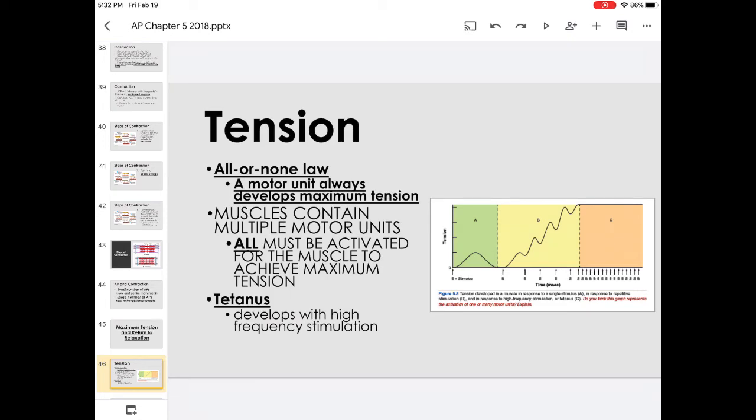There is something called tetanus, which is when you have a high frequency stimulation that the muscle will develop and you will reach maximum tension. And this is not a good thing. This can be due to a bacterial infection that causes really bad muscle spasms, and it can actually lead to death.